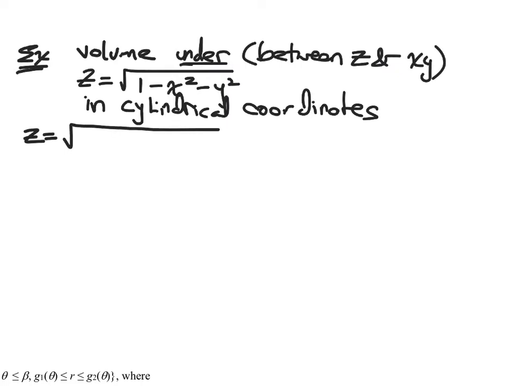Oh, and sorry, polar, cylindrical, interchangeable. So I say polar and cylindrical, and I mean the same thing. All right, because all cylindrical is polar coordinates with height. All right, so if that's a source of confusion, then try not to let it be, because they mean the exact same thing. So minus x squared plus y squared.